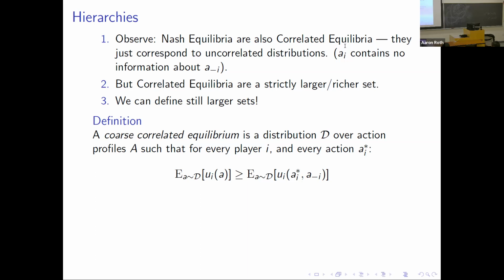So you no longer have the option to consider deviations that are a function of the signal that you get. Your deviations have to be just fixed actions or mixed strategies that don't depend on the correlating device anymore. So the alternative is to obtain utility from the action profile that arises when you play some fixed action and everyone else continues to use the correlating device.